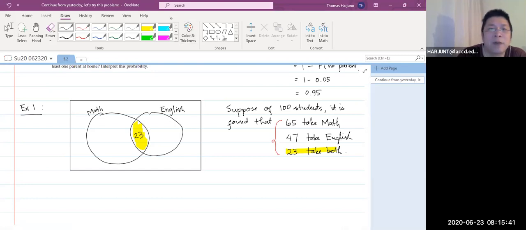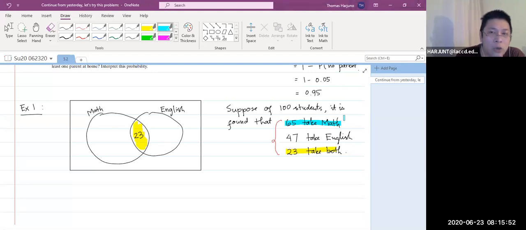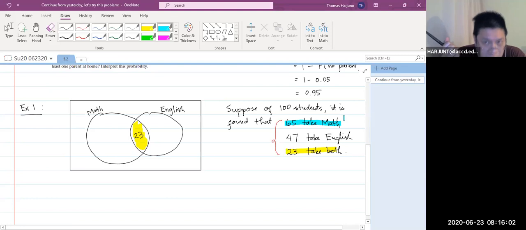This 65 take math, when we say 65 take math course, it doesn't mean only the 65 take math only. No, it doesn't say math only, it says take math. Okay, 65 take math. 23 of this 65 also take English.